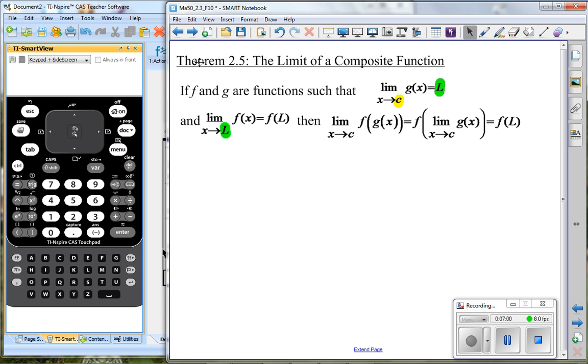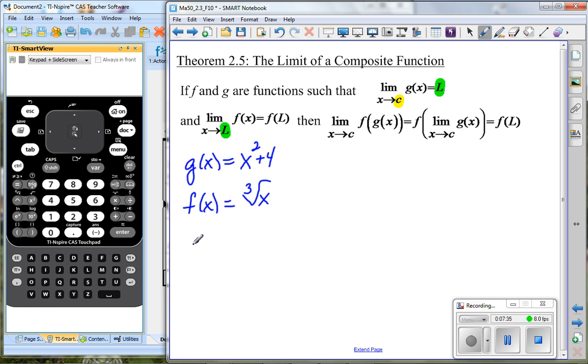So we're going to use this idea. Well, I'm going to put it here so we can keep that theorem in front of us. Let g of x be x squared plus 4, and f of x be the cube root of x.